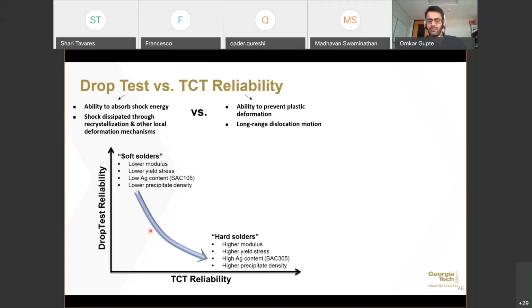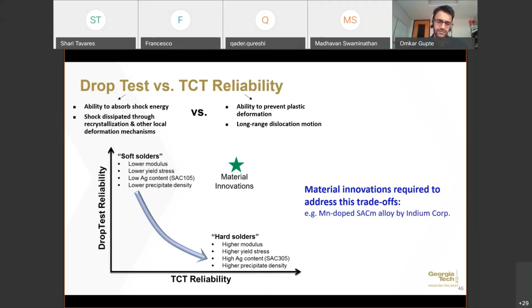So if you're looking at it from a material standpoint, for drop test reliability, soft solders with lower modulus will have a better shock absorbing property, whereas for TCT reliability, a higher yield stress or higher modulus would be better for getting better TCT reliability. So there are material innovations that need to be done to achieve high drop test and high TCT reliability.